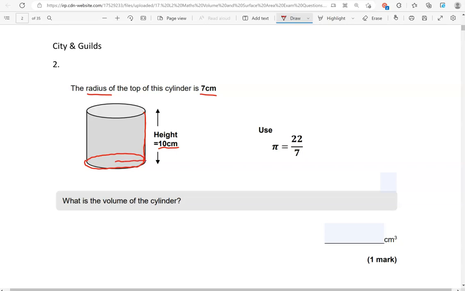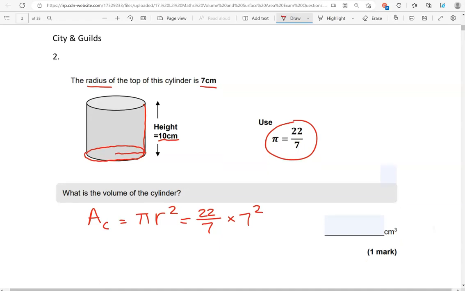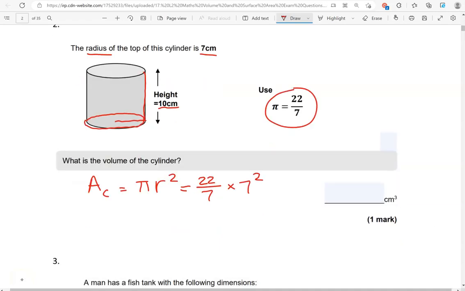To work out the area of a circle, we do pi r squared. So we're going to use pi equals 22 sevenths, and we'll multiply that by r squared. So the radius is 7 squared. So 22 sevenths times 49 ones, that is.